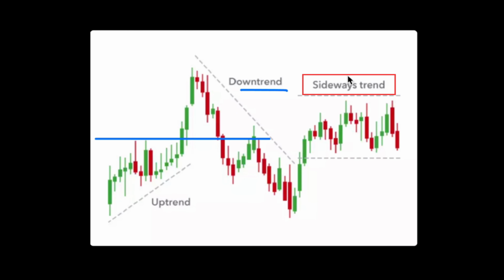Ignore the sideways trend. You're just looking for trouble. Sideways trend, all you're seeing is the market go up, hit resistance, come back to support, go up again, come back to support, and it's doing nothing. That's called indecision. If you remember earlier, I mentioned the doji candle, the one that is just a neutral candle. That candle forms as a result of this action on the smaller time frame.